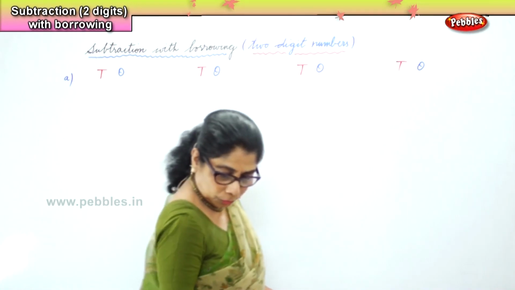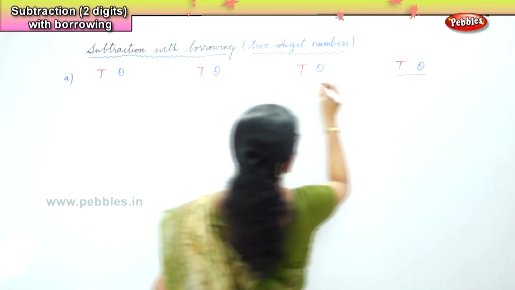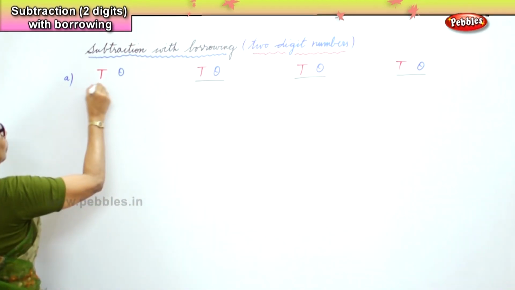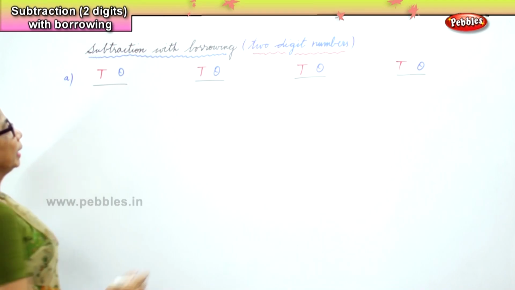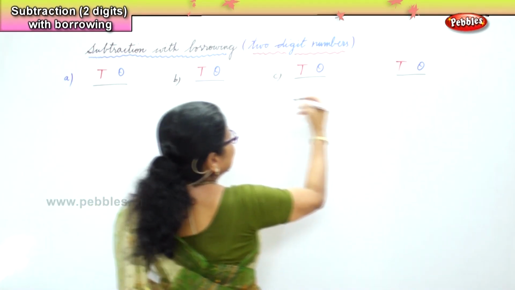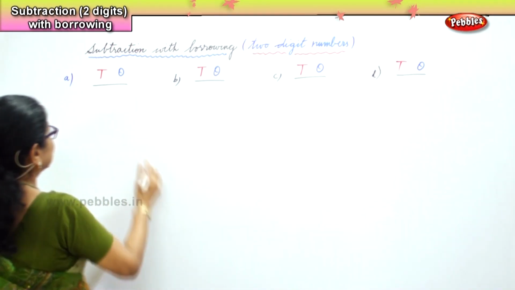Fine. So we need to write down first ones, tens before we write our numbers. Alright? A, B, C for sums here. D. Now, let's look at the numbers, okay?